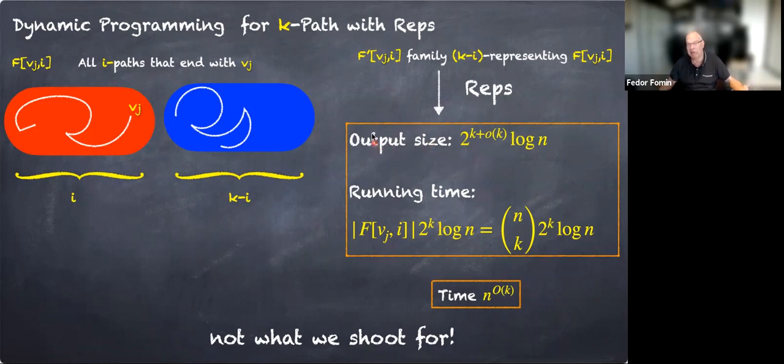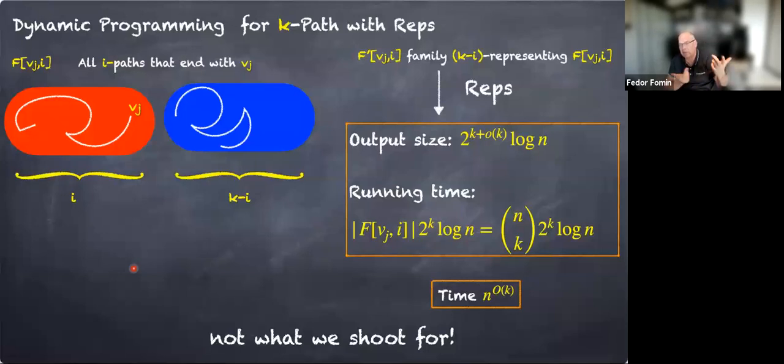And the reason here is this. Once again, what I'm trying to do: I have a family of sets whose size is n choose k times 2 power k, and I want to use representative sets to compress it. The only reason my running time is so bad is that the size of the family which I want to compress is too large.